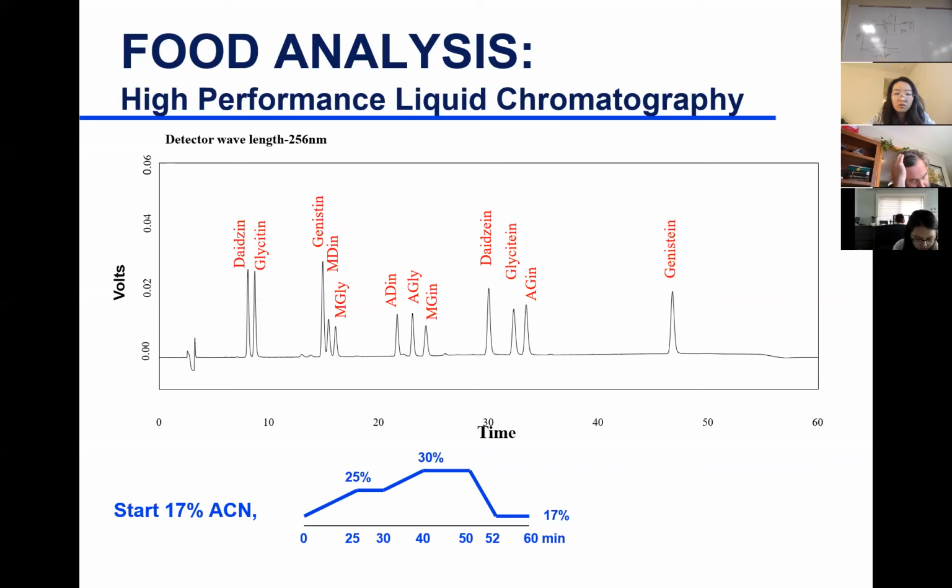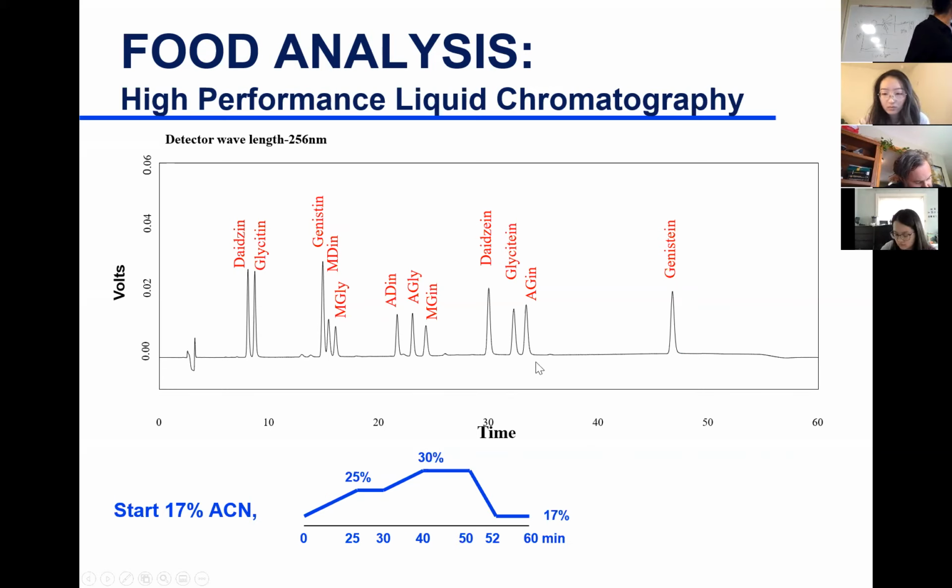Chrissy. In your method, decrease the polarity of the mobile phase. Yes. Decrease the polarity more so that I would add acetonitrile at higher concentration. Okay, I forgot that I'm moving away from the computer. I would increase the concentration more.